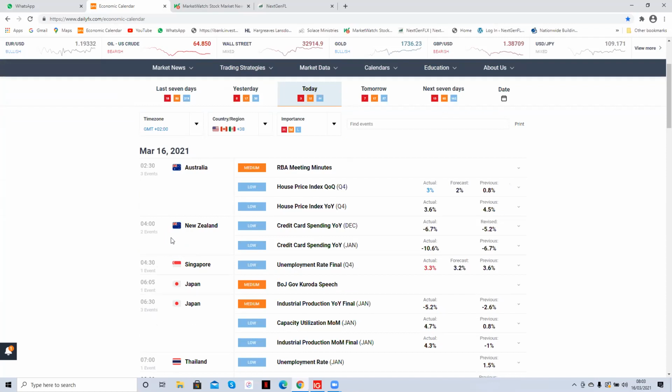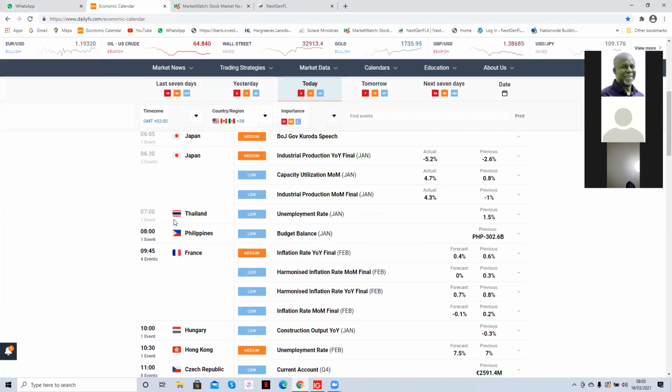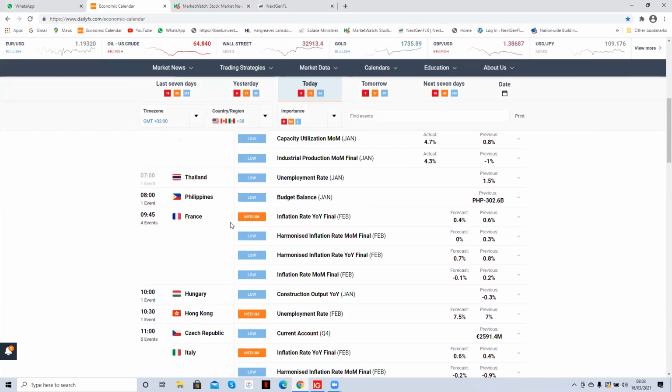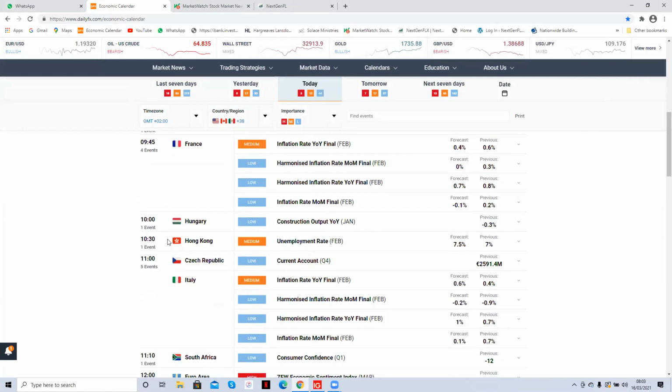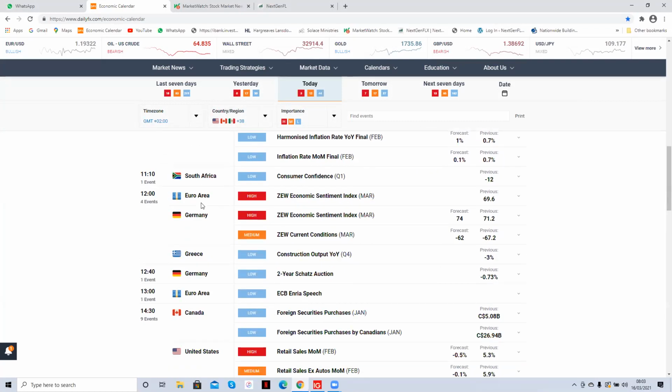So make sure your own economic calendar is adjusted to your own time zone. So let's have a look. You can ignore France, Hong Kong, Italy, we can ignore all that.